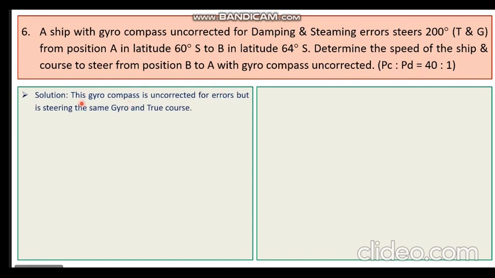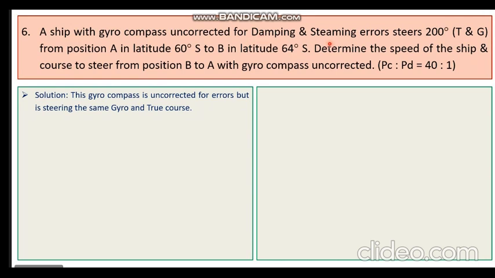Now, as we did in the last question, in this question also, the gyro compass is uncorrected for damping and steaming errors, but it is steering 200 degrees true and gyro. So if 200 degrees true as well as gyro course is being steered, that means the gyro error is nil, zero gyro error. Now, how is that possible for a compass which is uncorrected for these two errors?